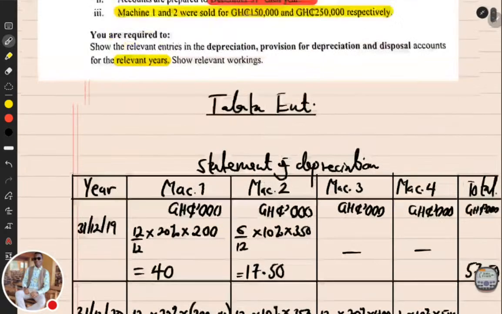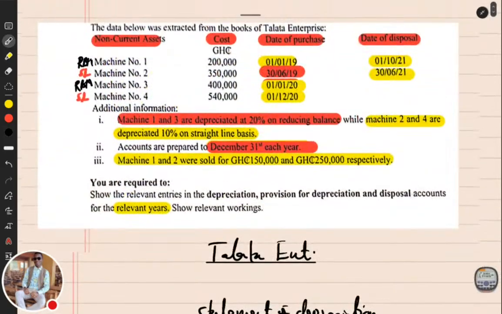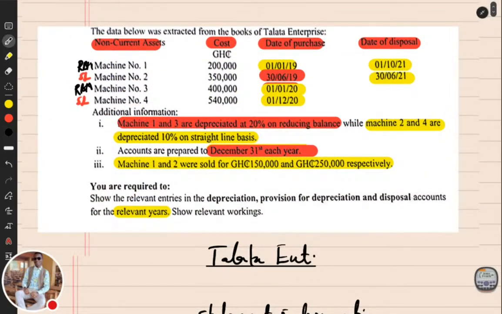But notwithstanding, let's see what we have here in the year 2021. You can clearly see the date of disposal. We have the date of what? Disposal. So that means that some of the machines were disposed of in the year 2021. And you can clearly see that for those machines, we have machine number 1, which was disposed on 1st October 2021.